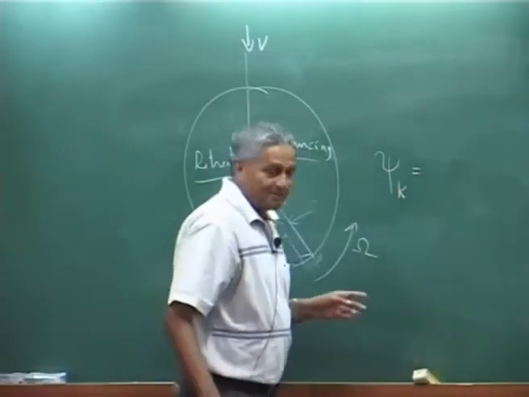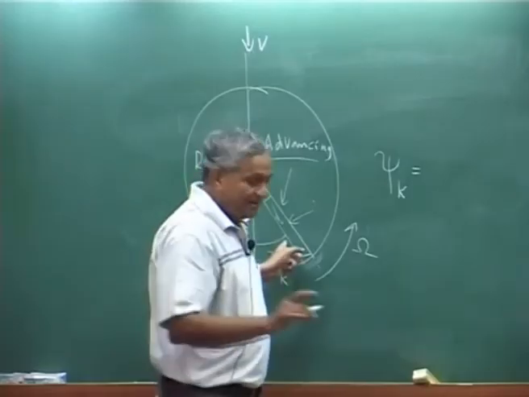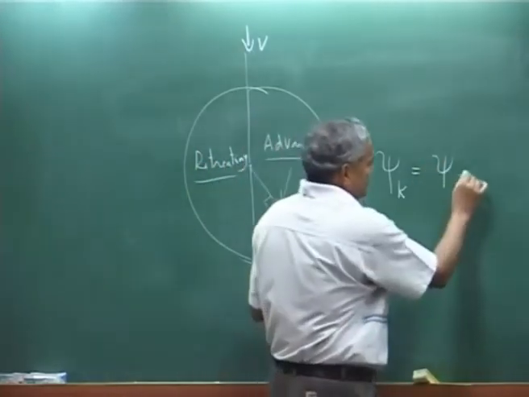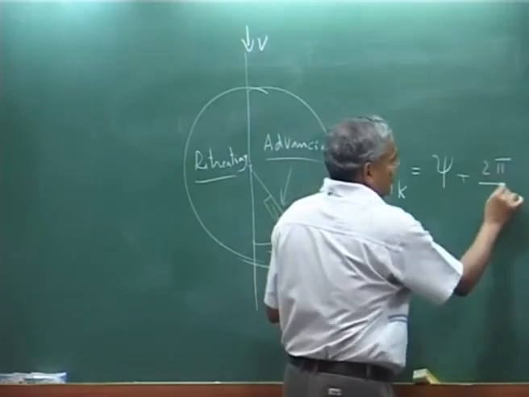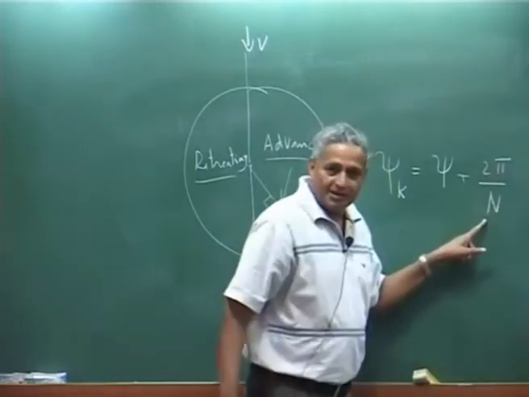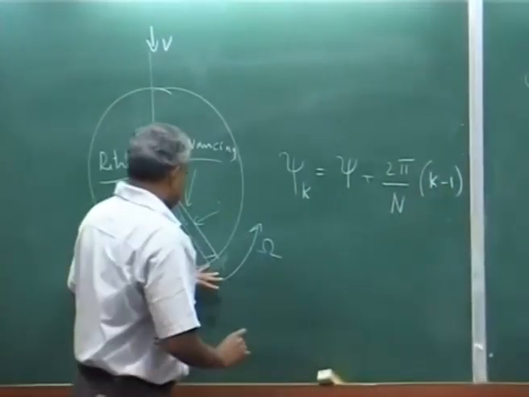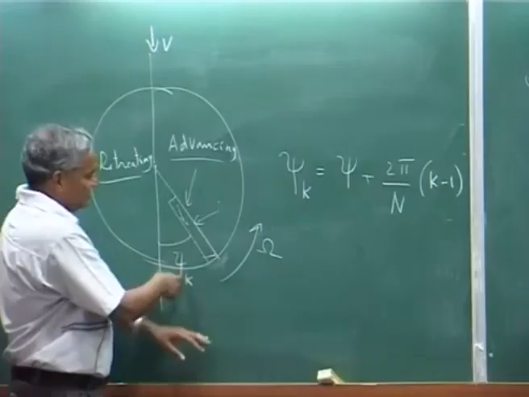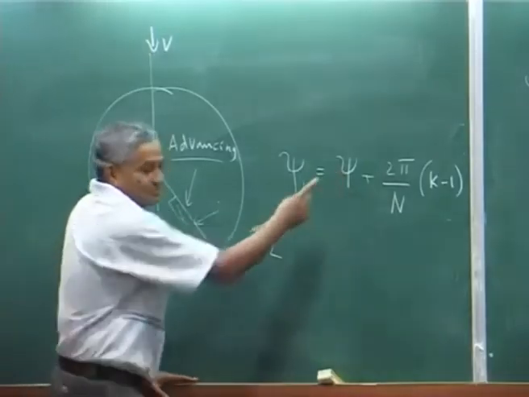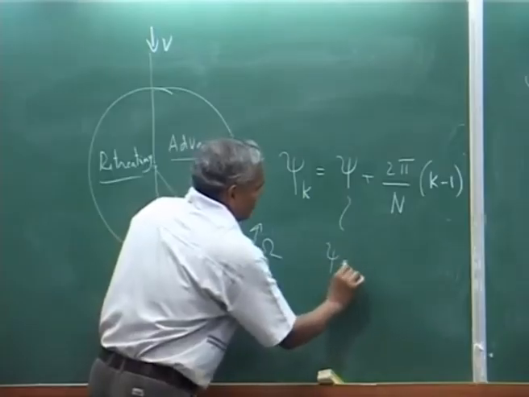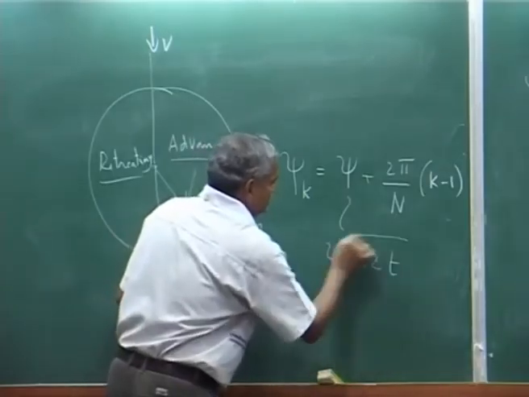Psi k becomes psi plus 2 pi k over n, where n is the number of blades. So, if this is the first blade, psi 1 is nothing but psi, which is omega t.